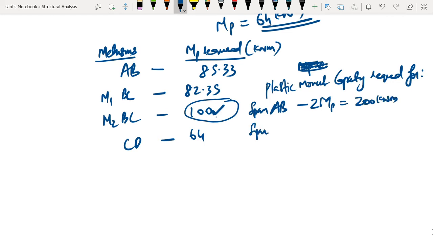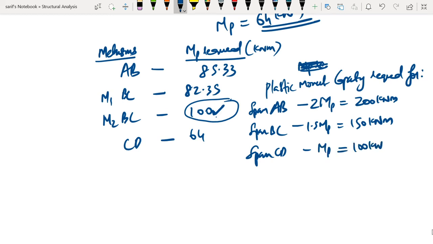For span BC, it is 1.5 Mp, that is 150 kilonewton meter. And for span CD, it is Mp, therefore it is 100 kilonewton meter. So this is the answer that is required.